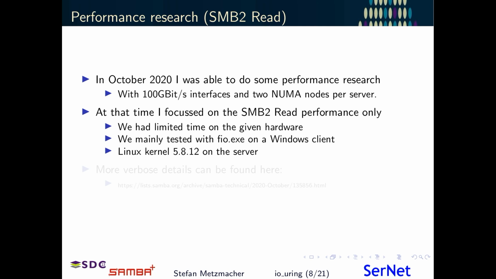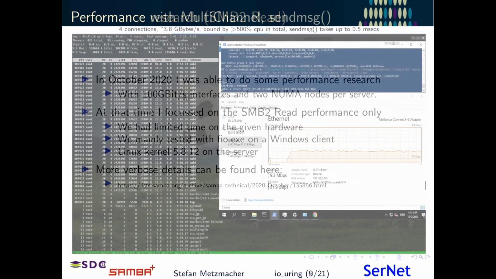At the time, I just focused on the read performance, because that's what's typically more important and is used more often and is easier to implement. And we basically tested with a Windows client. Further details can be found on that link if you are interested.